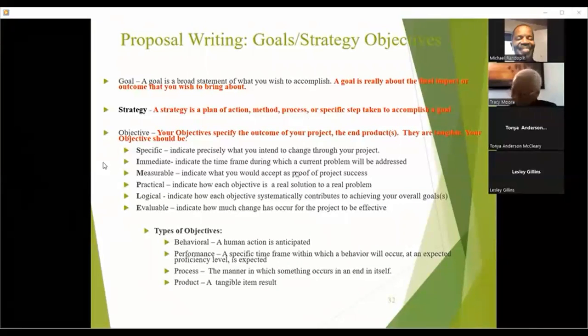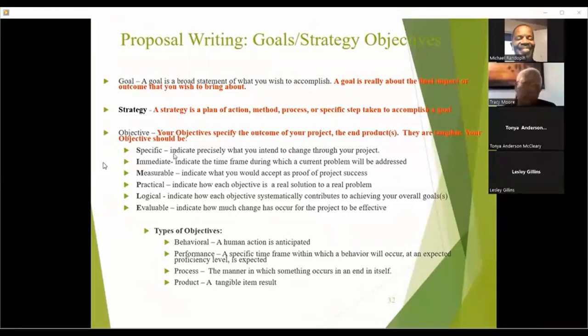Once you identify your strategy, your next element is your objective. Your objective specifies the outcome of your project or the end product. For example, if your goal is to reduce teenage pregnancy, then your objective is going to talk about how you plan to do it.